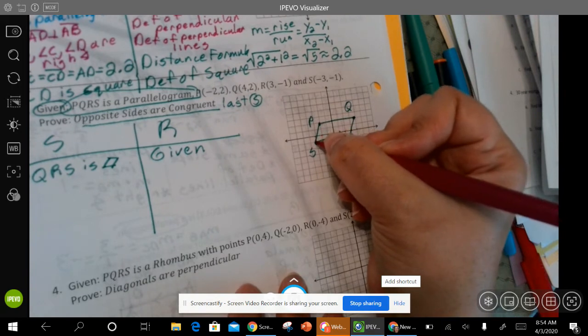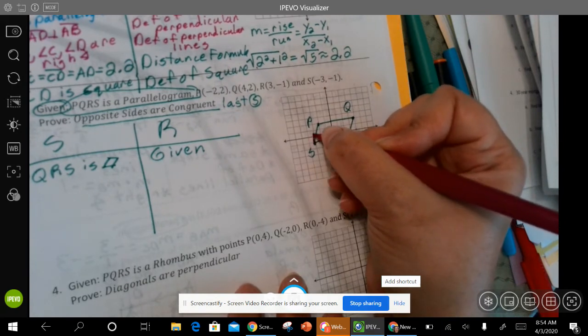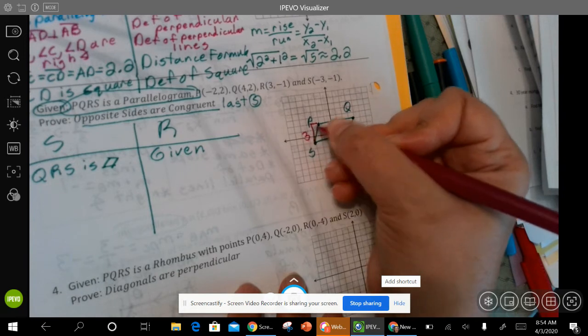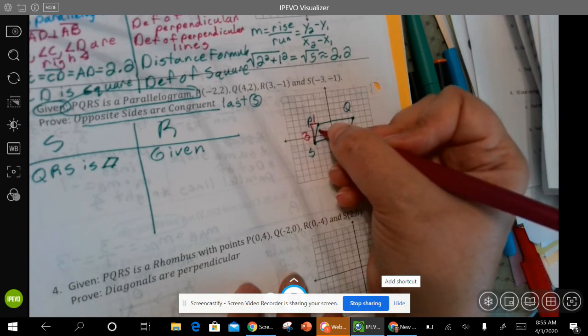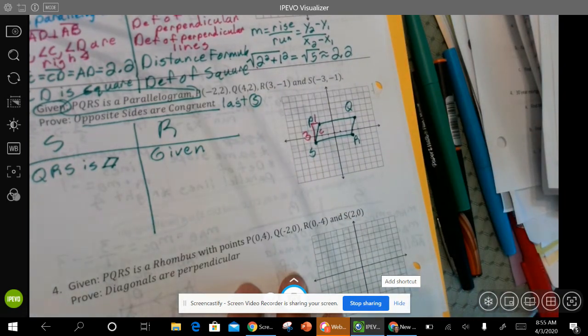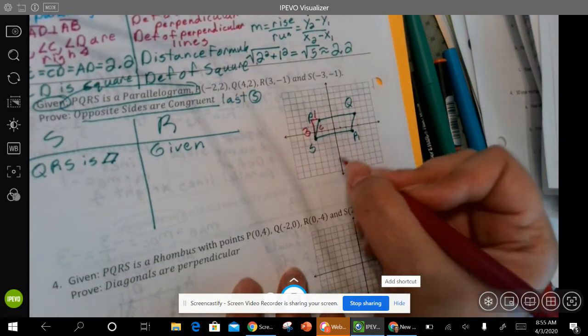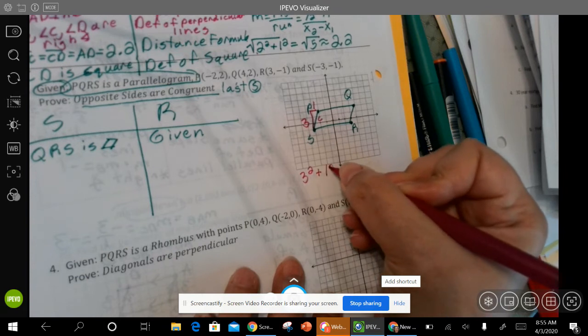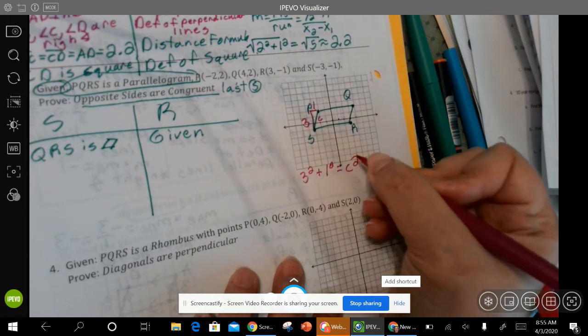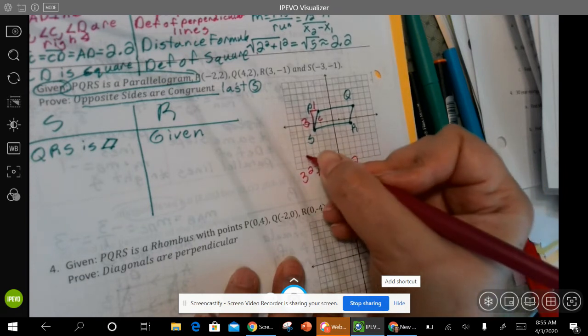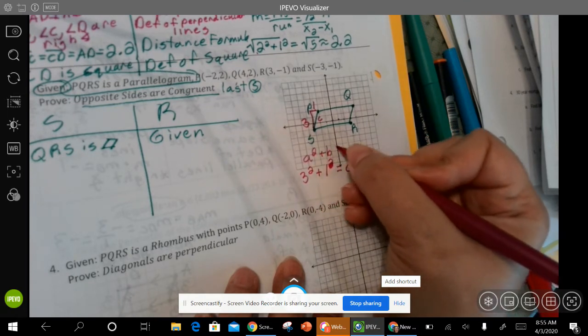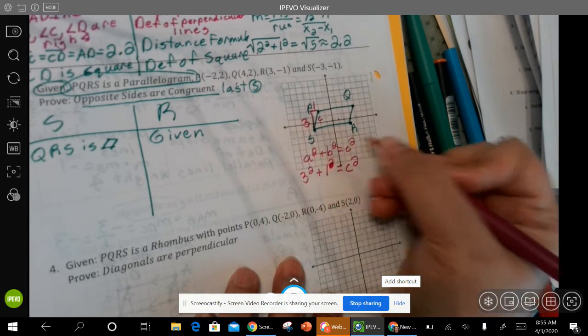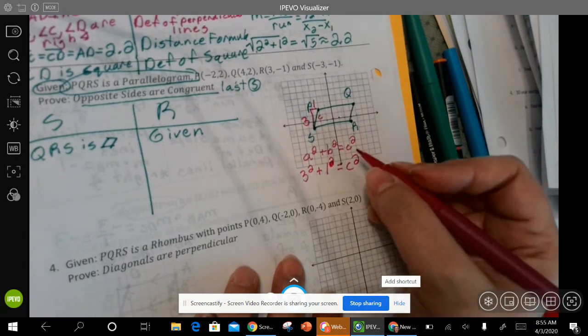So this is going up 3 over 1. And we're trying to find this. Remember, that's our c value. So I'm going to substitute it in. So 3 squared plus 1 squared is equal to c squared. a squared plus b squared, so the sum of the squares of the legs is equal to the square of the hypotenuse.